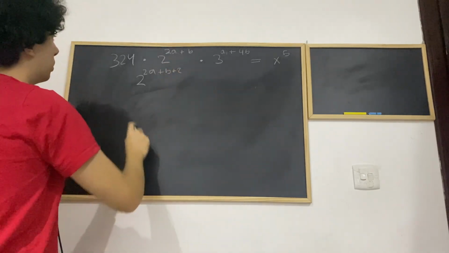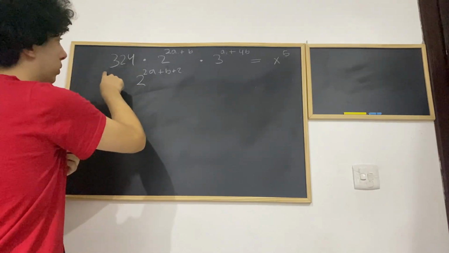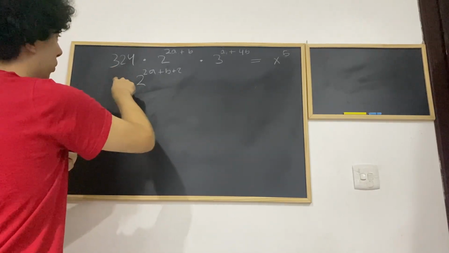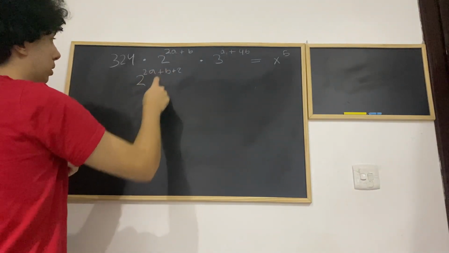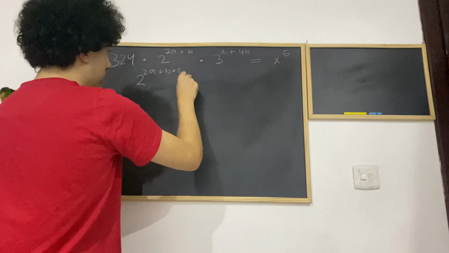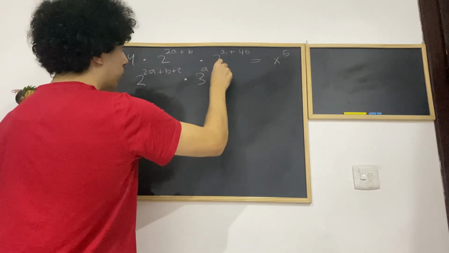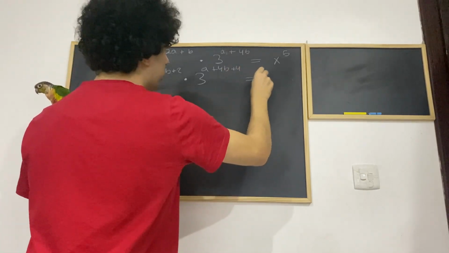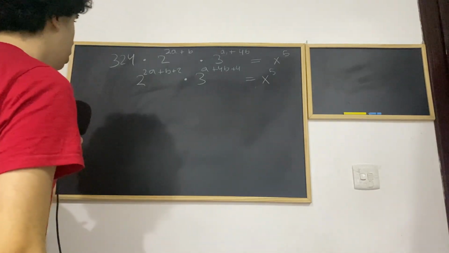We add this 2 because 324 can be written in terms of 2 to the power of something multiplied by 3 to the power of something, and that 2 is to the power of 2, and multiplying the bases will add the powers. We do the same thing with the base 3: 3 to the power of a plus 4b plus 4, and this is equal to a perfect fifth power, right?